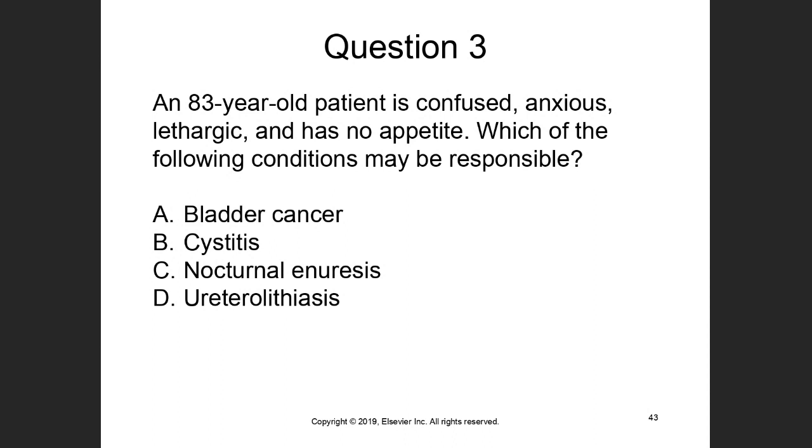The most common is cystitis, UTIs. The most common infection that produces all that confusion, anxiety, lethargy. Most of the time the patient develops what is called delirium due to infections, especially UTIs.